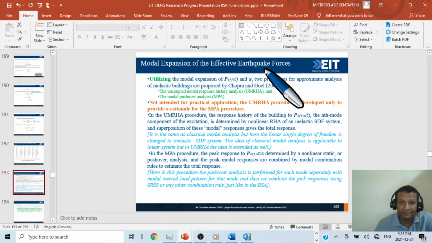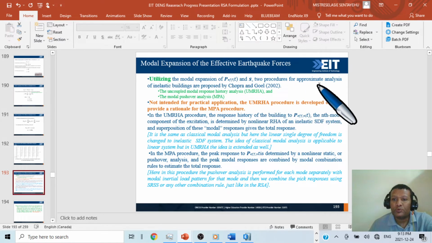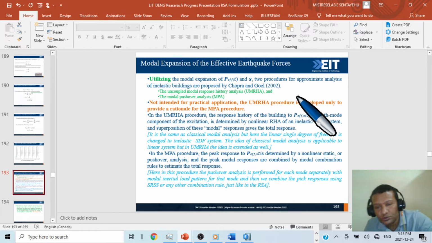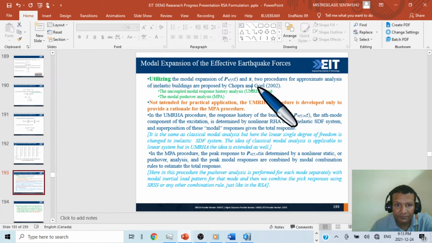Once we know this, then utilizing the modal expansion of P effective of t and S for each mode, two procedures for approximate analysis of inelastic buildings were proposed by Chopra and Goel. So with the idea of modal expansion of effective earthquake forces, they came up with two approximate methods for pushover analysis. The first one is the uncoupled modal response history analysis, UMRHA, and the second one is the modal pushover analysis, MPA.